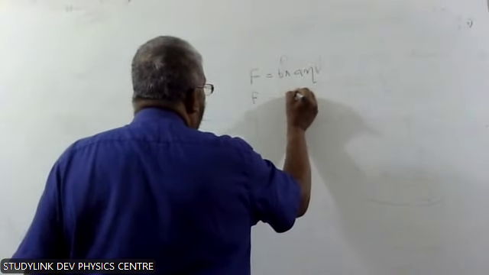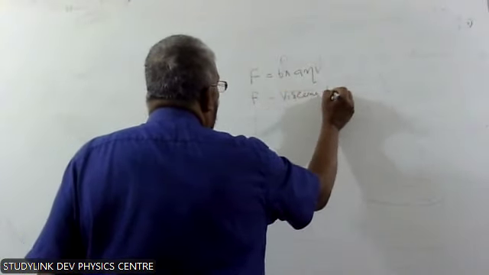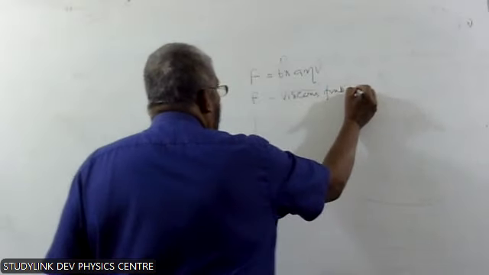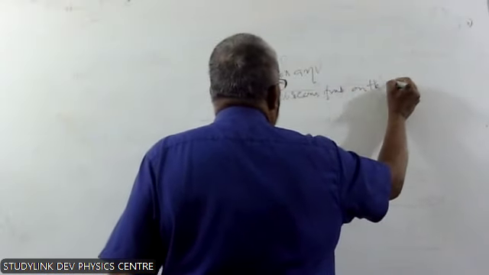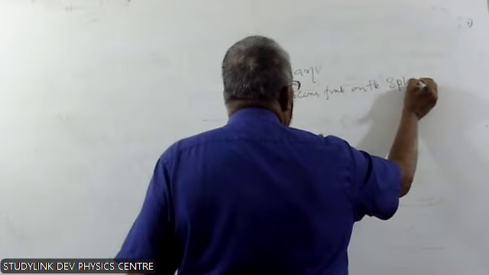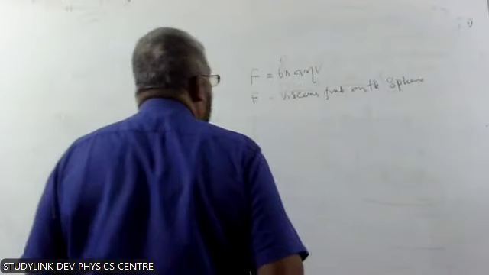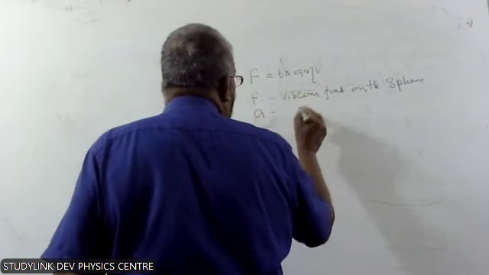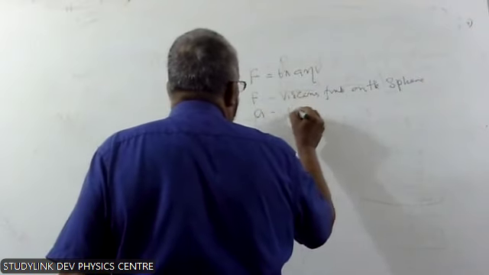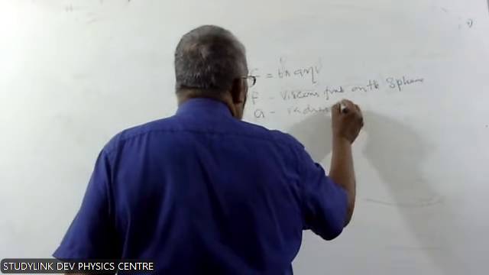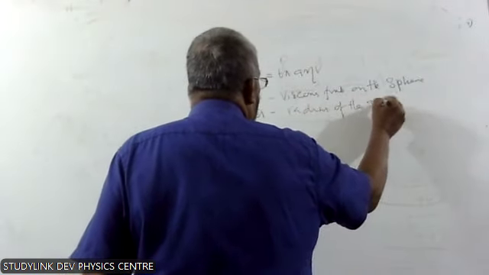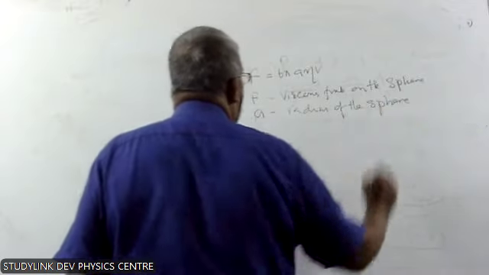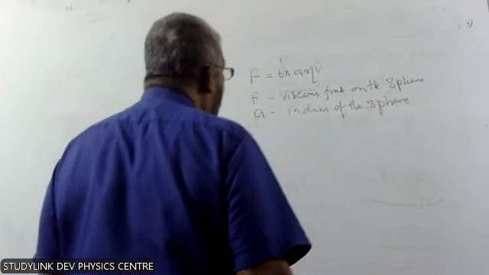Viscous force on the sphere, that is also enough. Against the motion is not needed, if you can. a, radius of the sphere. This is how you write the answers.